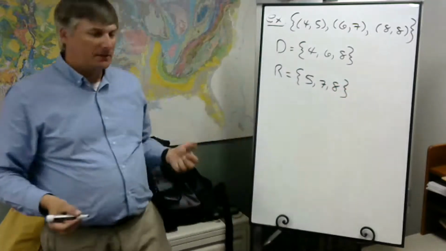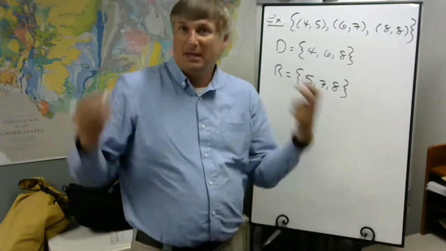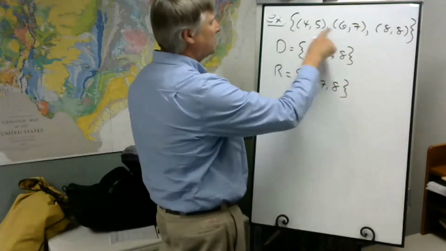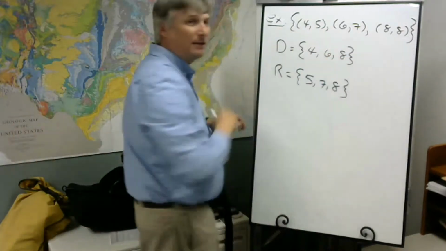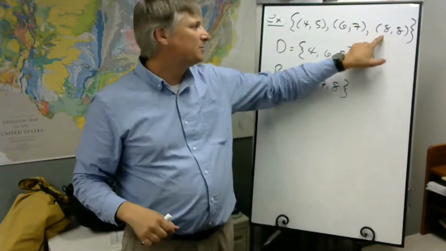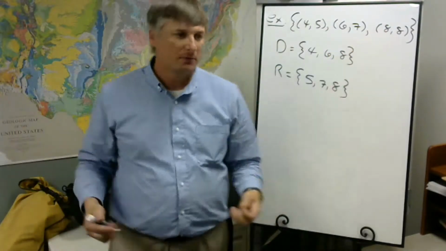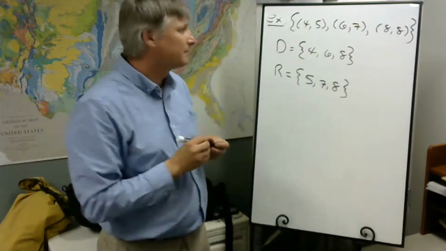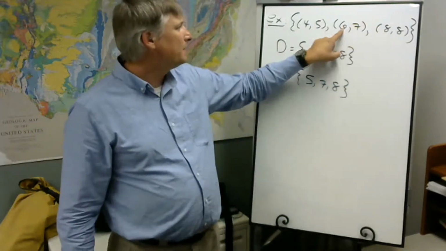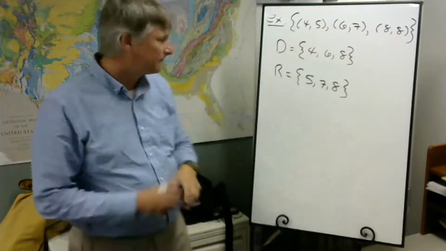So now we've got domain and range. Now, here's another question: is this a function? Well, there are no repeated domain values. Now, this doesn't mean a repeat. Just because you have a domain and a range of the same value, that's fine. You can do that. But amongst the domain values, there's only 8, 6, and 4.